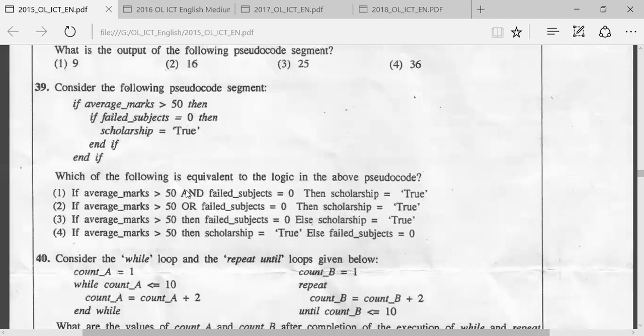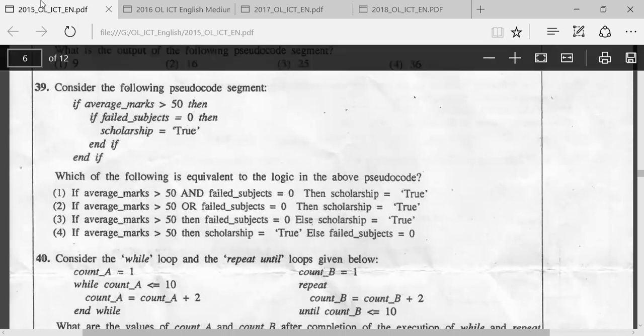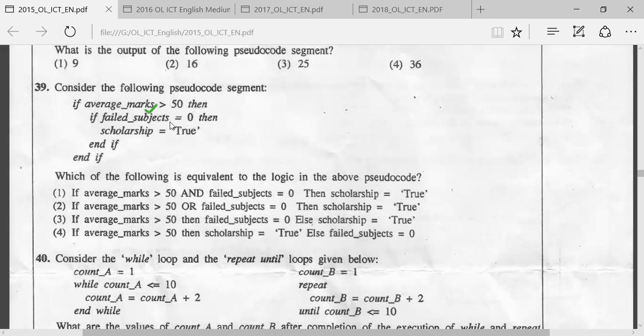Question number 39. Consider the following pseudocode segment. If average marks greater than 50, then inside the if, failed subject equals 0, then scholarship equals true. So to make sure scholarship equals true, you have to get average marks more than 50 and failed subject equal 0.